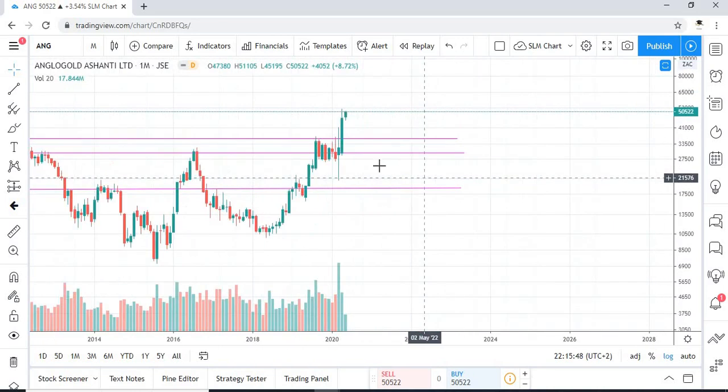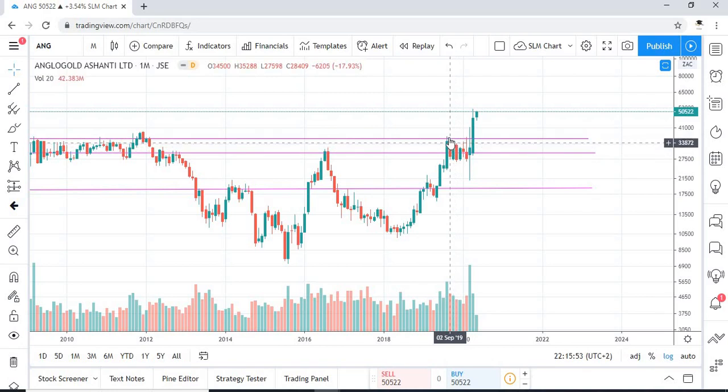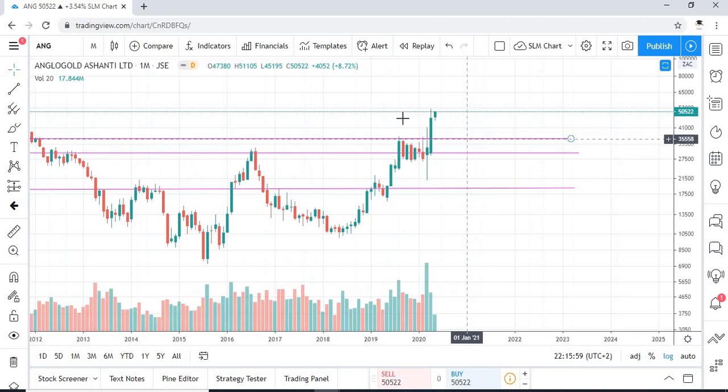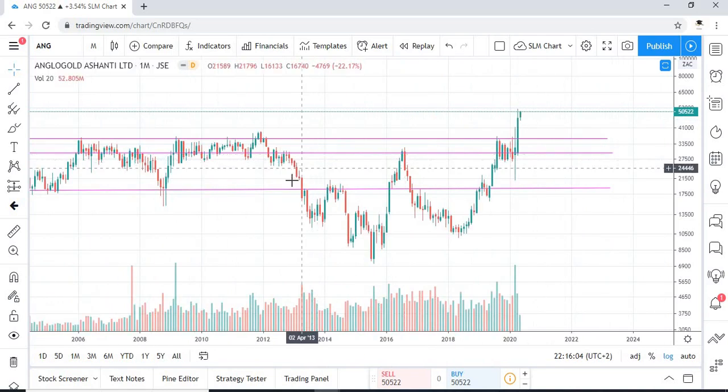However, the price did succeed to move above that. And when it moved above it, this one tried to provide some resistance, which didn't hold eventually, and is now broken, as we can see in the current time frame.